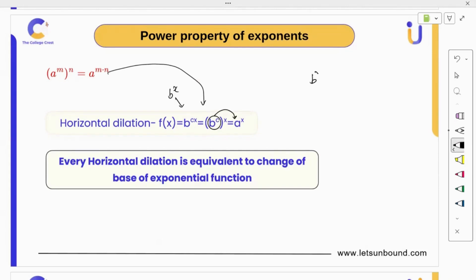So I start with b power x, I do the manipulation, now I got a power x. So what has been changed here? The base completely changed, correct? But still, they are equivalent. Every horizontal dilation is equivalent to a change of base. That base, we should find while we are manipulating. It's not just any base, correct? So this is the second manipulation.